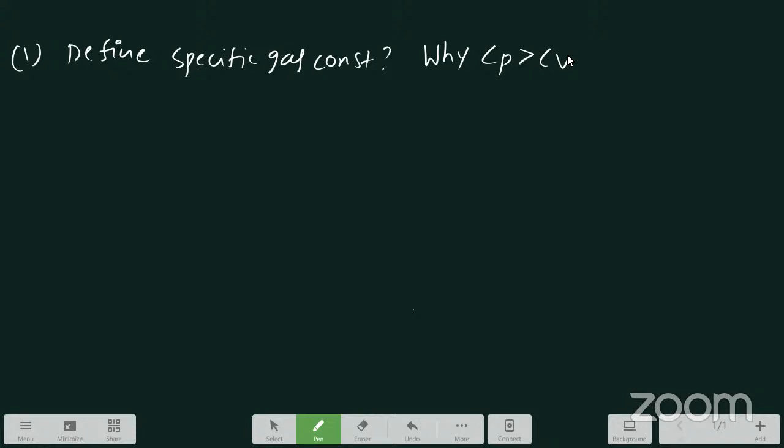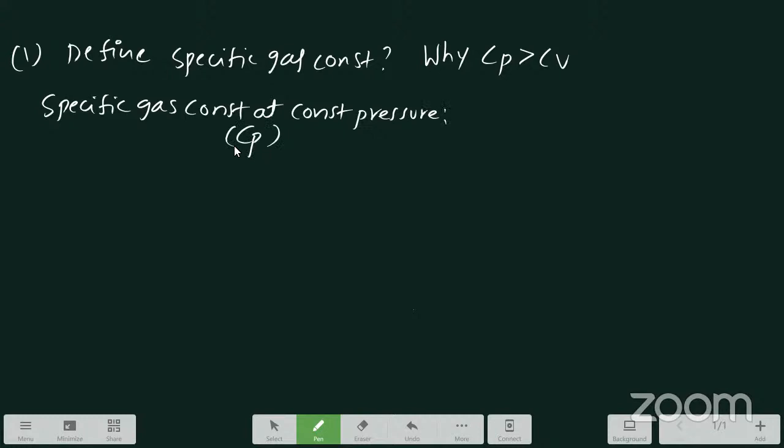First of all, we'll discuss the meaning of specific gas constant at constant pressure. This is Cp. Next one is the specific gas constant at constant volume. The definition of Cp means at constant pressure. This word is compulsory: pressure constant.